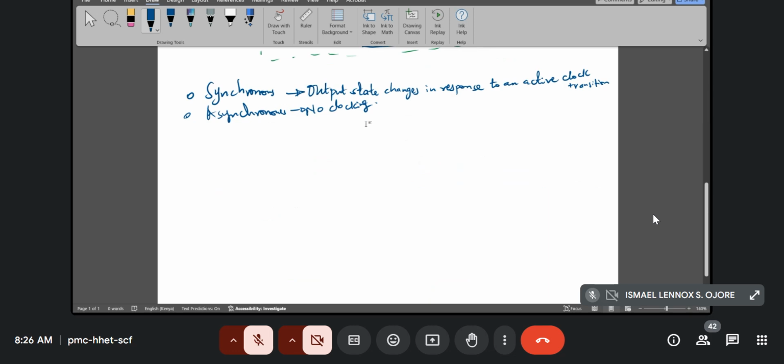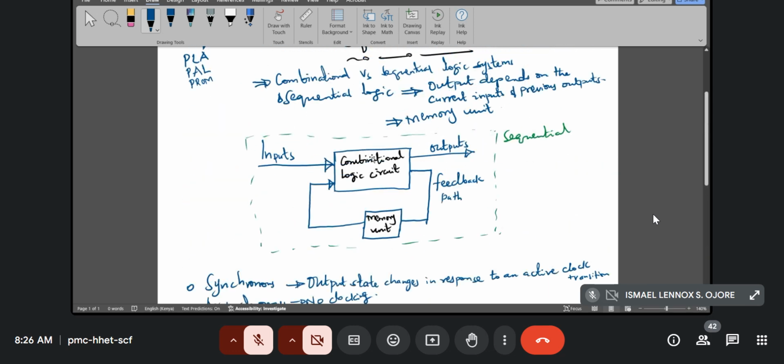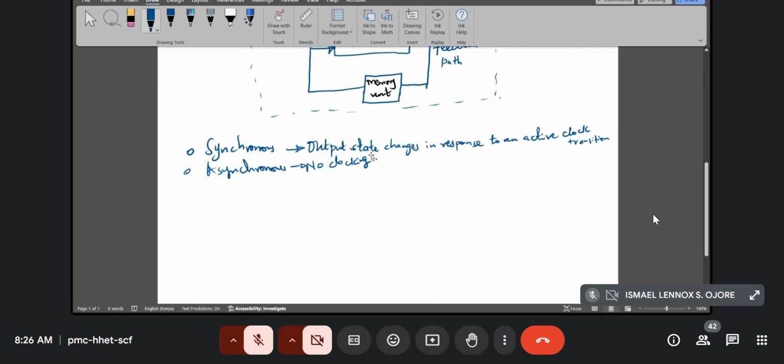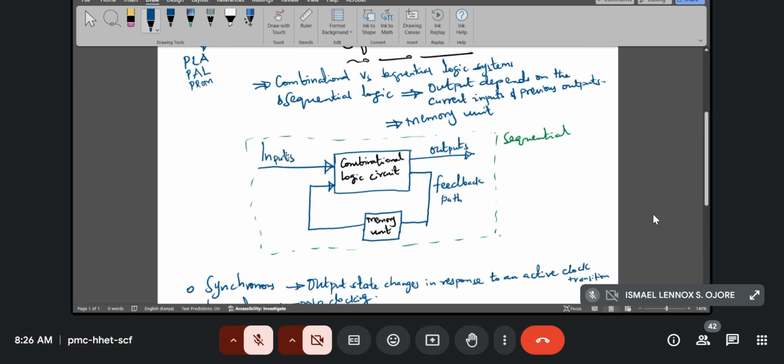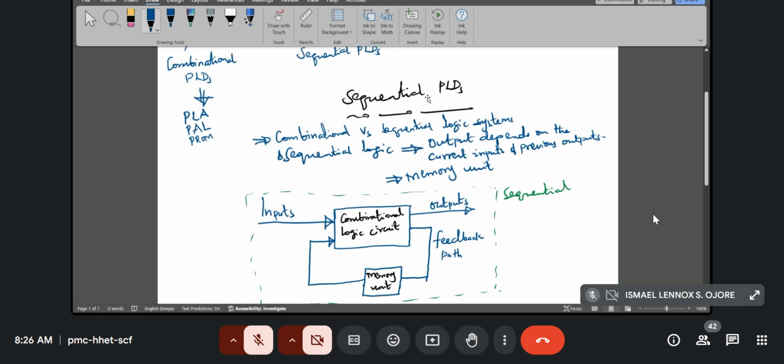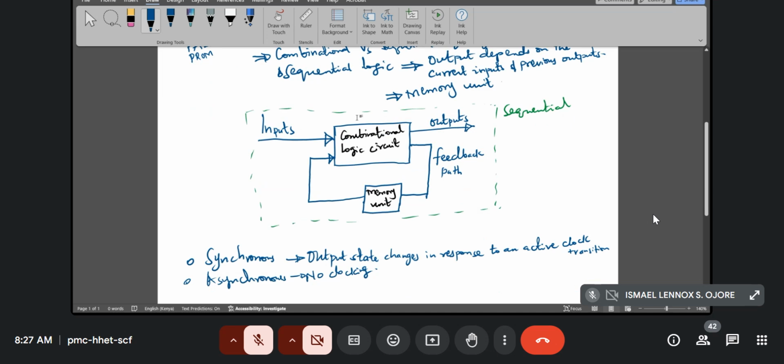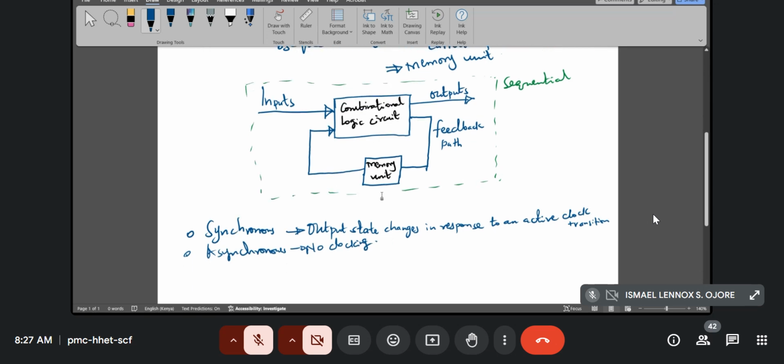Now bring this back to sequential PLDs. The same kind of analysis would make sense. If we have a sequential PLD and a combinational PLD, then it means we have to introduce some form of memory.